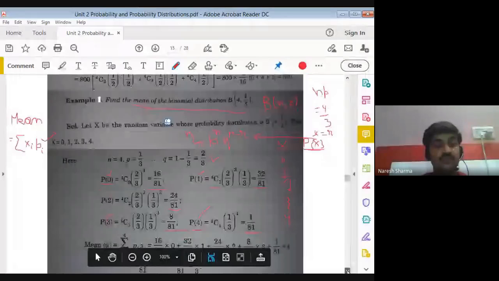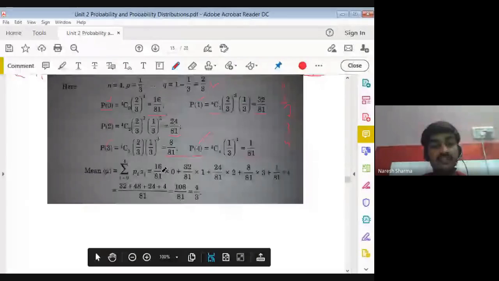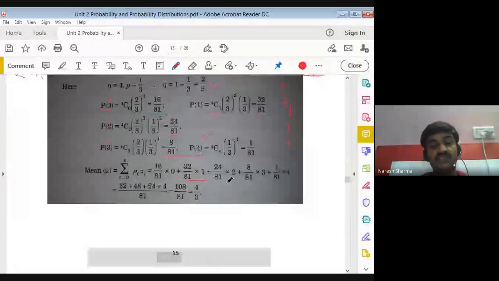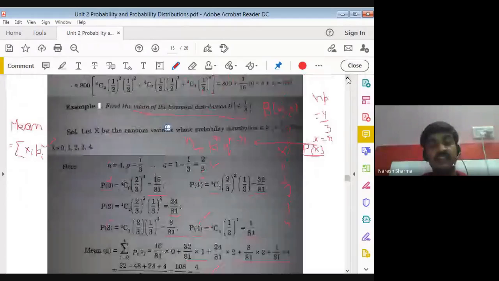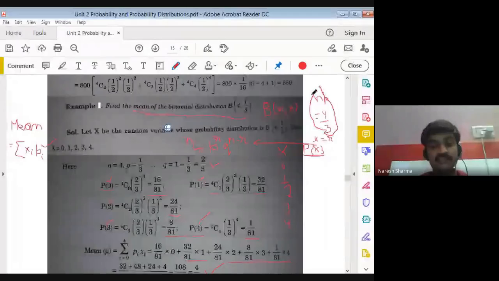So 0 into 16 by 81, 1 into 32 by 81, and so on. You can just add, and that gives 4 by 3, and we can calculate this directly using the formula also, n into p, right? So one more example we may discuss.